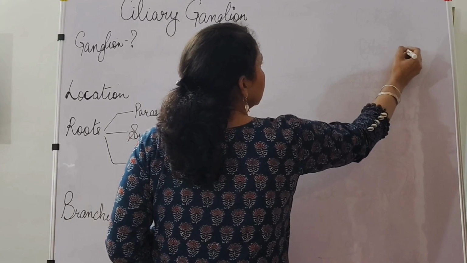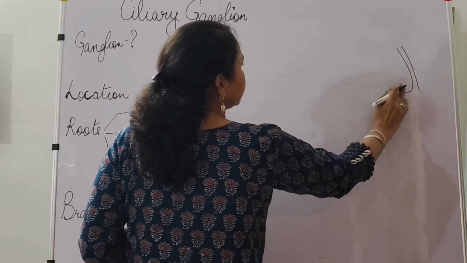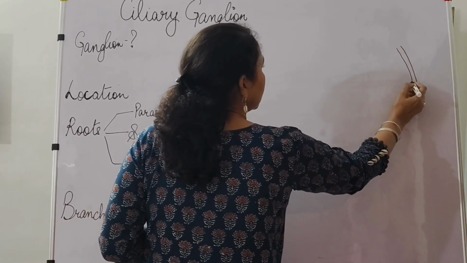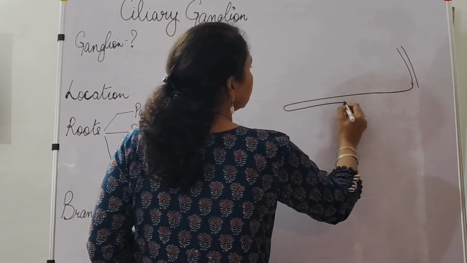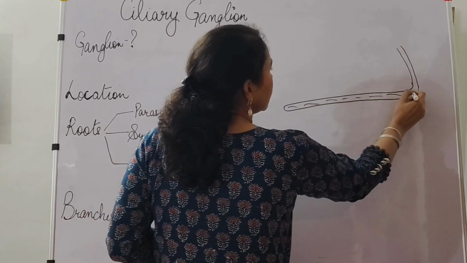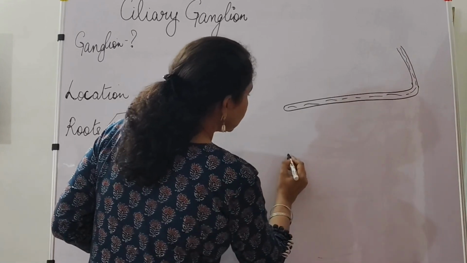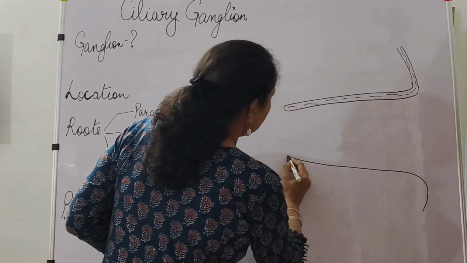This is the bony orbit. As we know that the orbital cavities are the pyramidal cavities. It will be a very basic diagram, very easy for you people to understand.